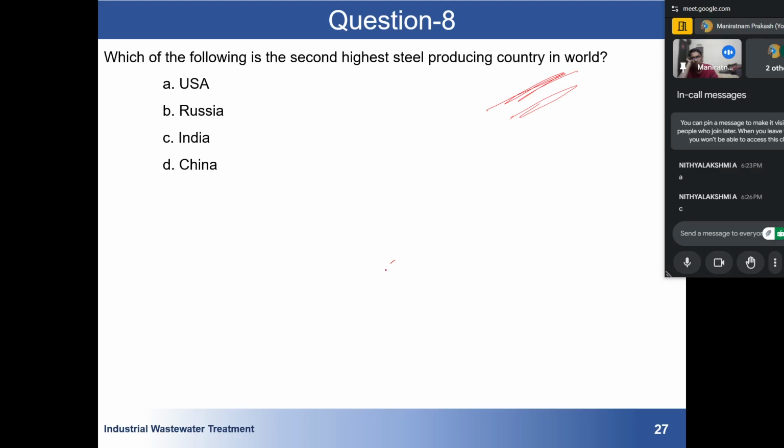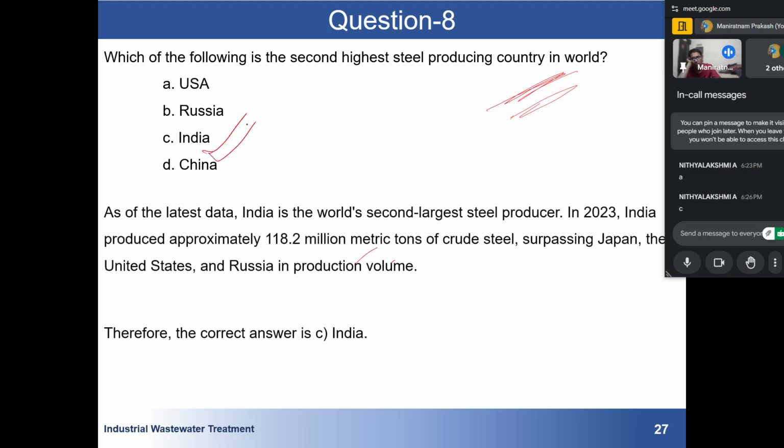That's why the answer will be C, India. Okay, now, but the question is which is the highest? Can anyone say? I also don't know.